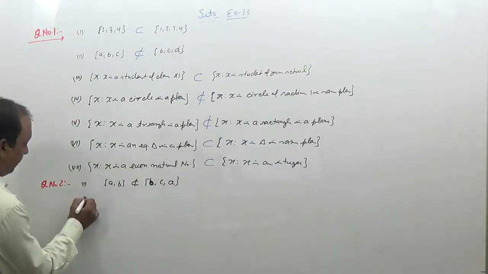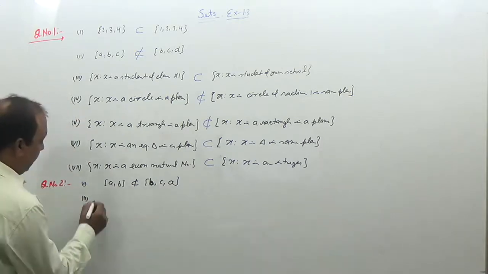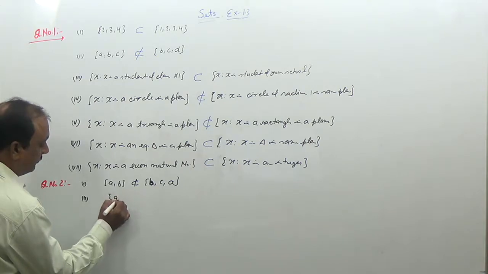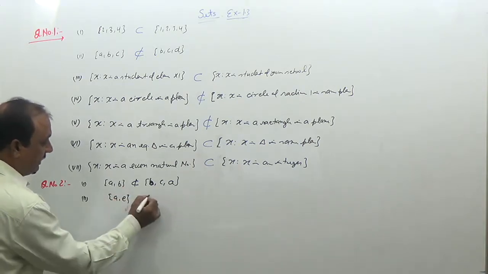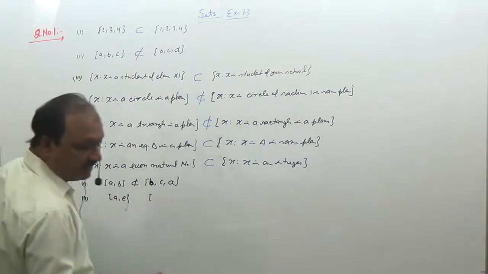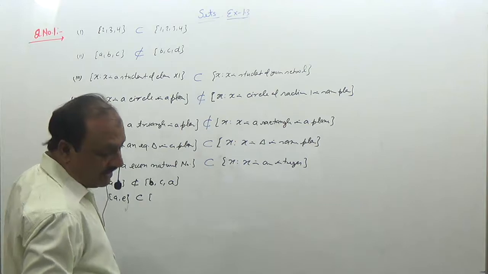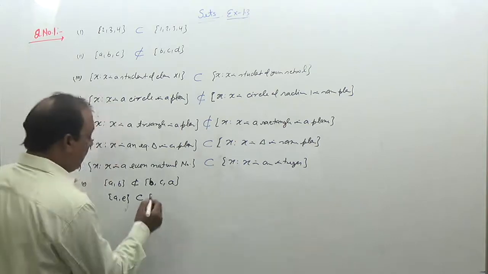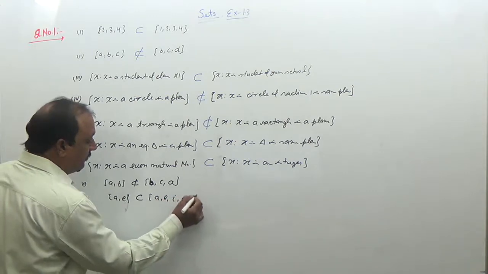Second part is a set of elements A, E, which is a subset of x such that x is a vowel of the English alphabet, that is A, E, I, O, U.